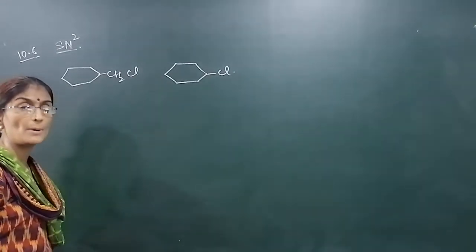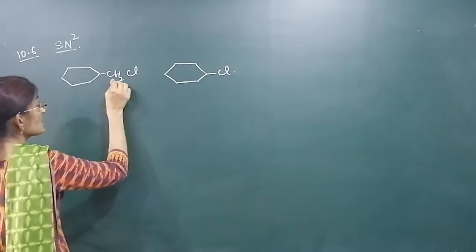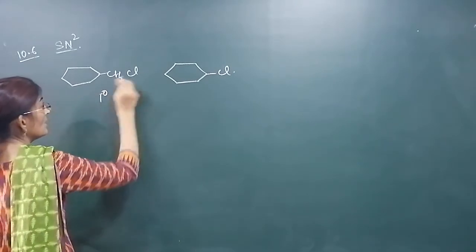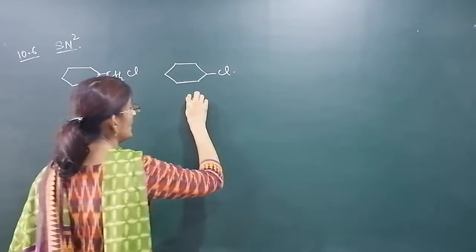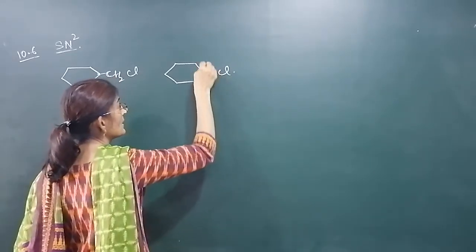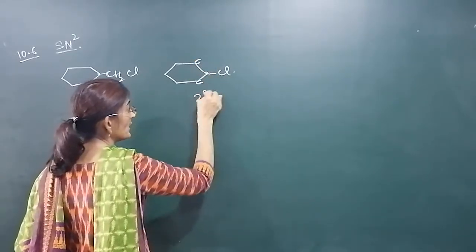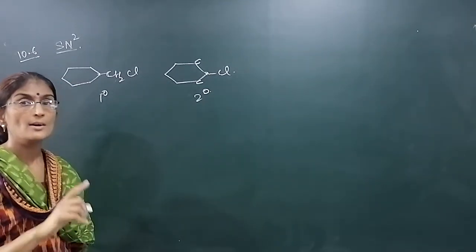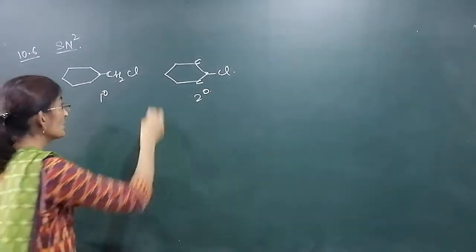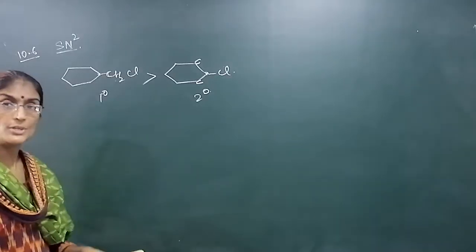First we have to see whether they are primary, secondary or tertiary. This is a primary alkyl halide because Cl is attached to a carbon which is attached to only one carbon. This is secondary, the halogen attached to a carbon attached to 2 other carbon atoms. So it is 2 degree. We know that 1 degree undergoes SN2 reaction faster compared to this. So this will undergo it faster compared to the second one.